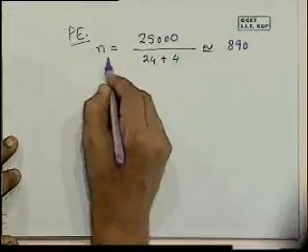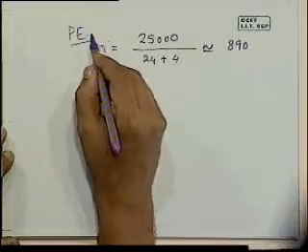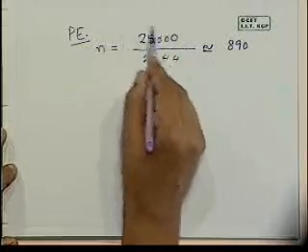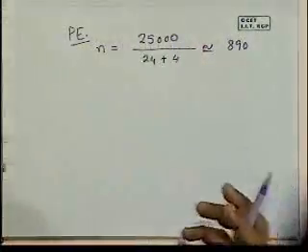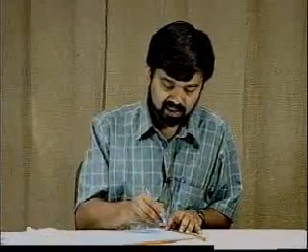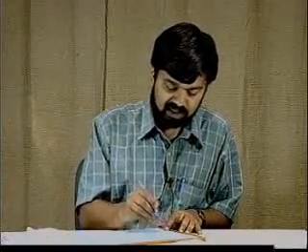So the degree of polymerization of a polyethylene with average molecular weight of 25,000 is about 890. That means 890 monomers are coupled together on an average to form this particular sample of polyethylene. Now, it could be something different in another case, but this is just an example.